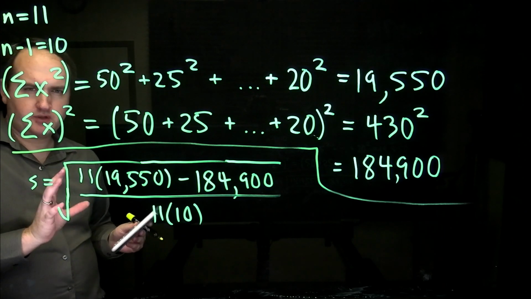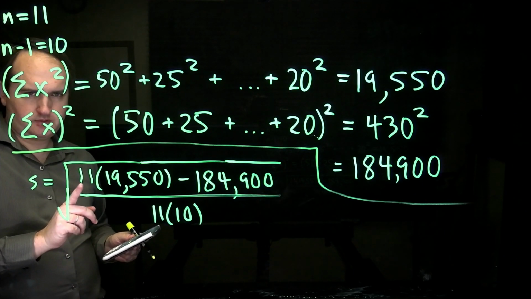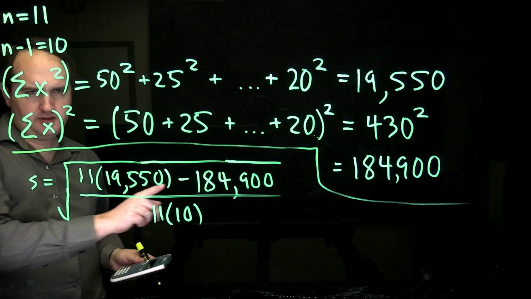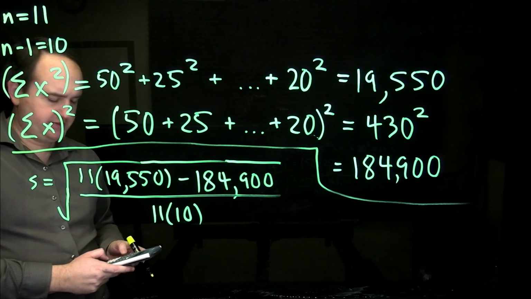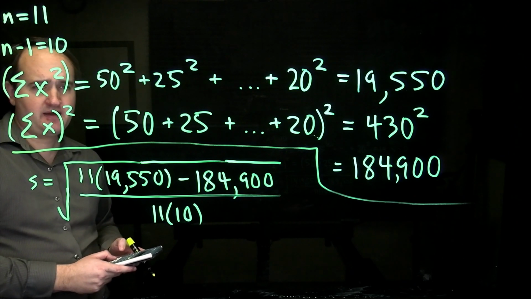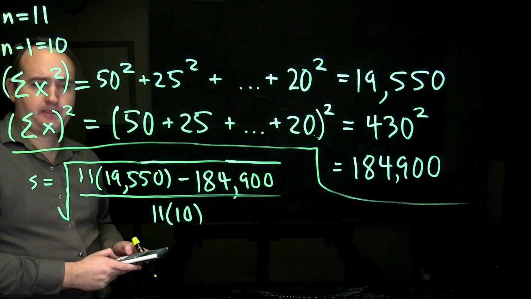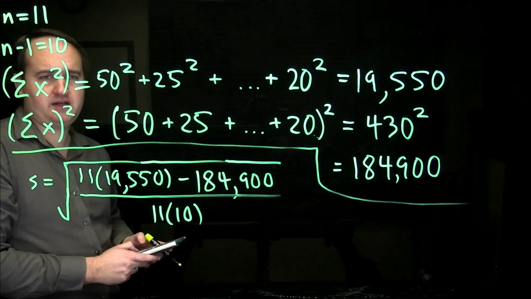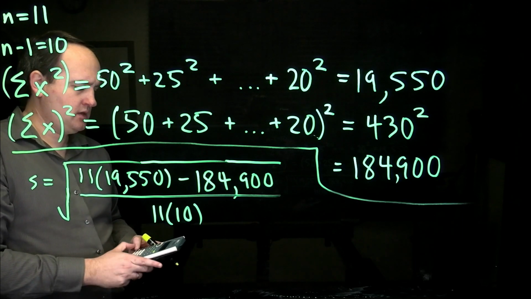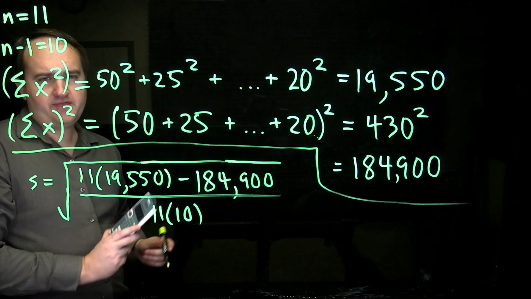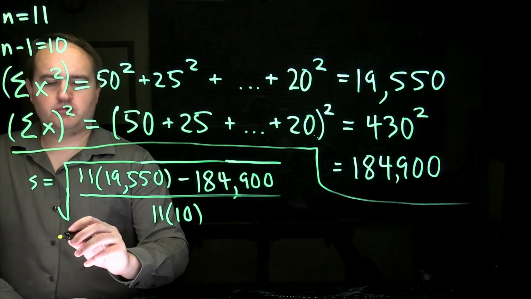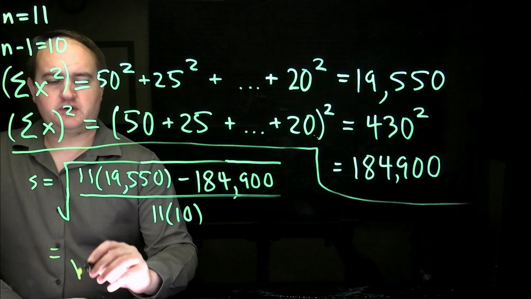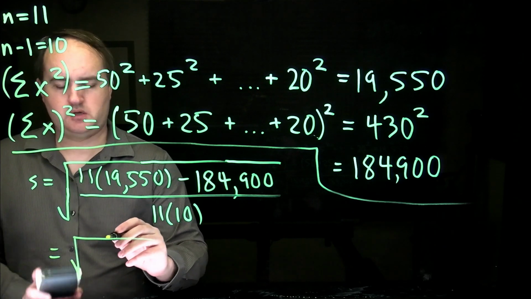So if we want to do it in multiple steps now, what we would do is we would simplify this numerator of the fraction. So we would do 11 times 19,550 minus 184,900 on our calculator. And that will give us 30,150 for the numerator.